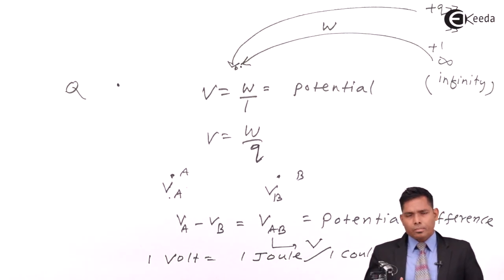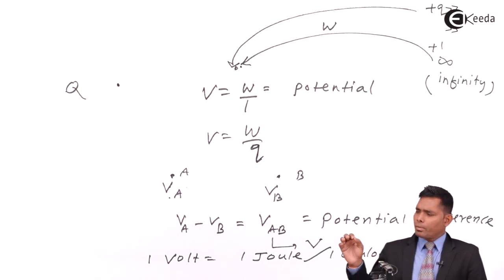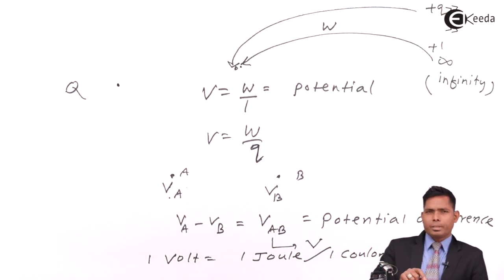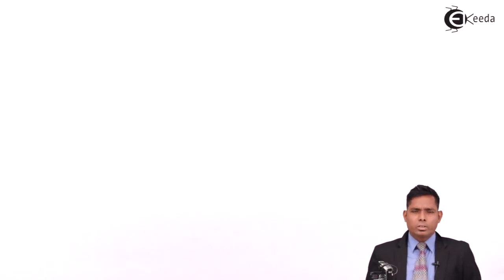That means potential at a point is said to be 1 volt if I bring 1 coulomb of charge and place it at a point and do 1 joule of work. So these are the definitions of resistance, current, and potential. Okay, thank you.